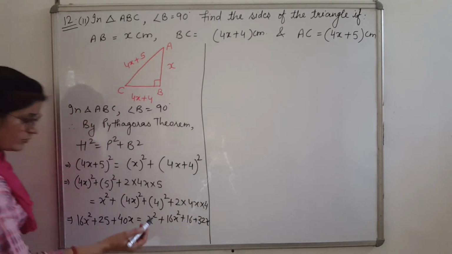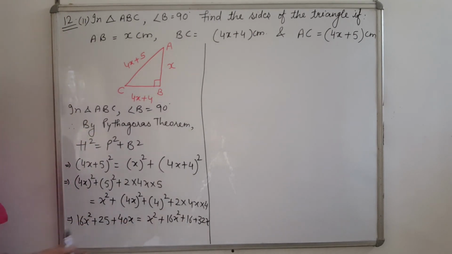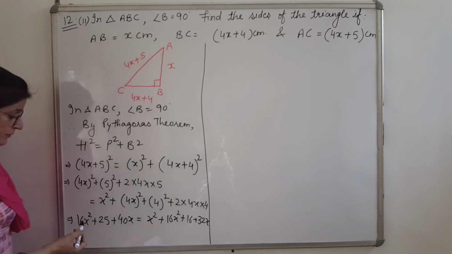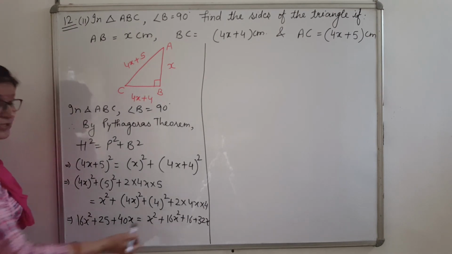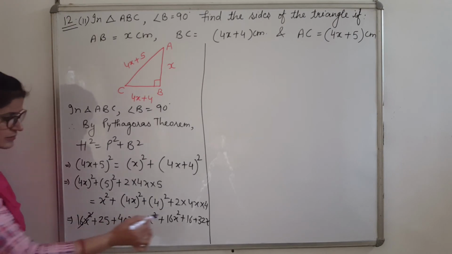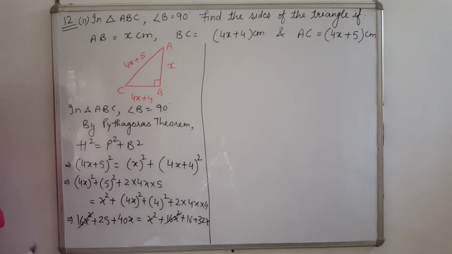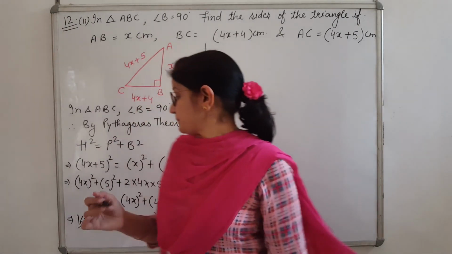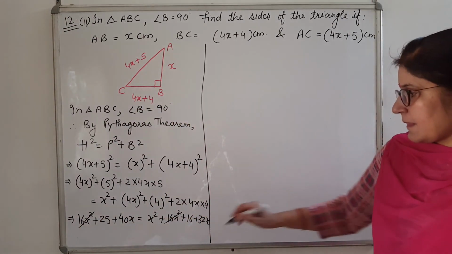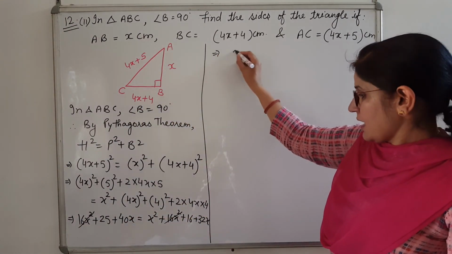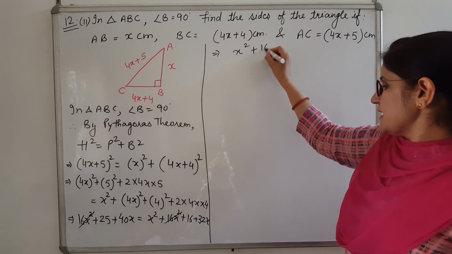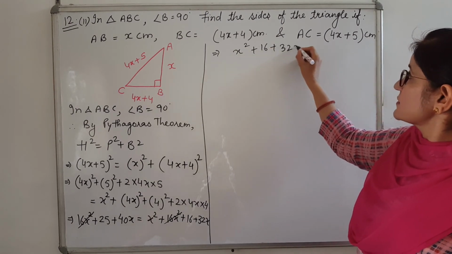Now same terms, if we have them on both sides, can be cancelled if they have the same sign also. 16x square, 16x square, they both are positive terms, so they are cancelled. Now what is left with us here? x square plus 16 plus 32x.